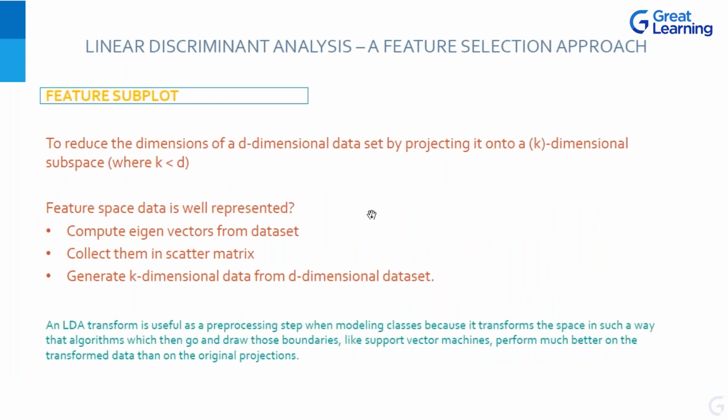So what we must know is whether our featured data set, which is all the variables, is well represented. Now, if the variables are all well represented, we can compute what are called eigenvectors. My obvious request to most of the people at this point would be, please understand what an eigenvector is.